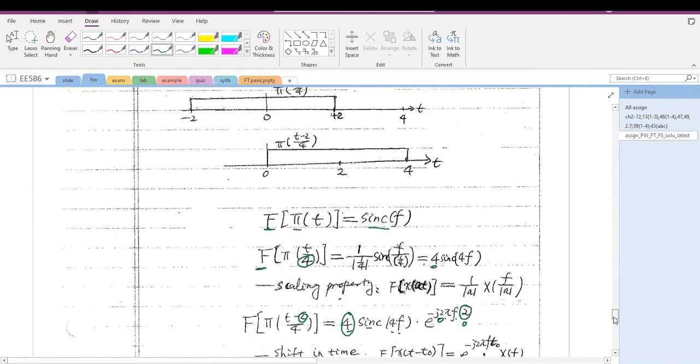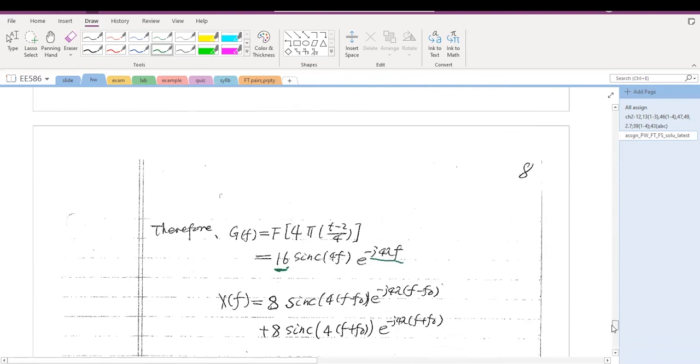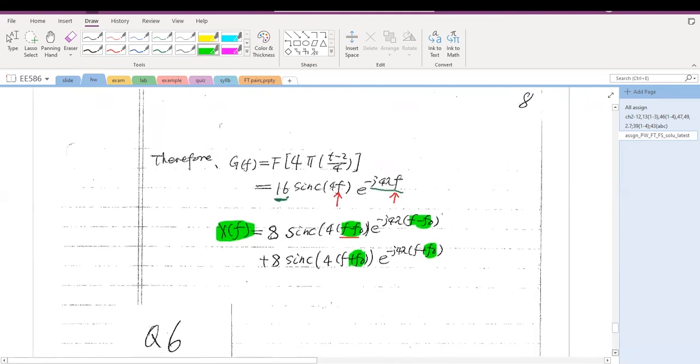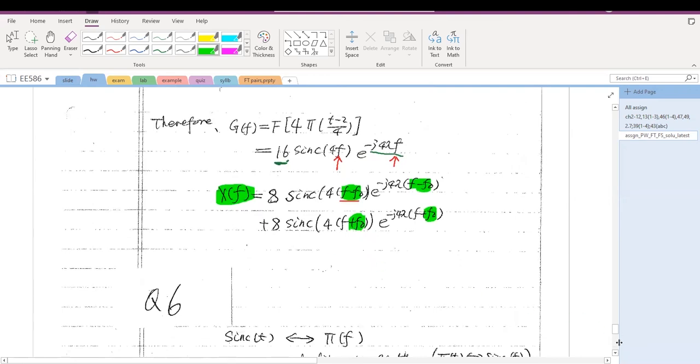So 4 and 4, that's 16. Now using the modulation property, everywhere f is replaced by f minus f naught, shifted by f naught. And then another term shifted by minus f naught. So this is the final expression for X of f.